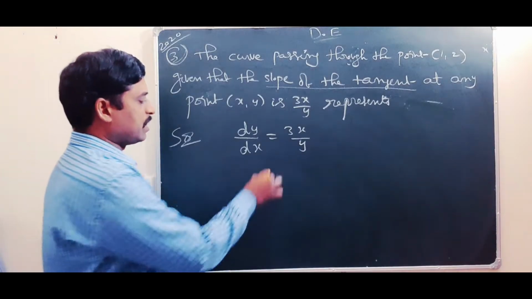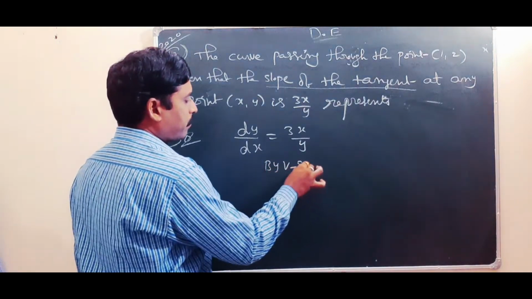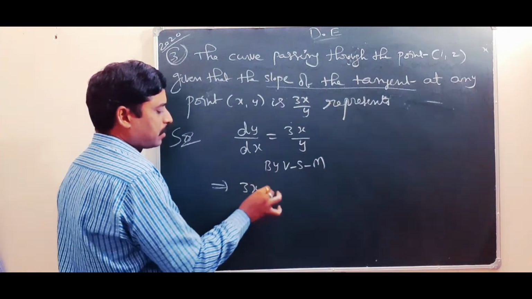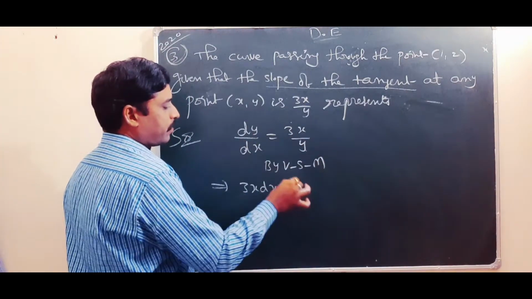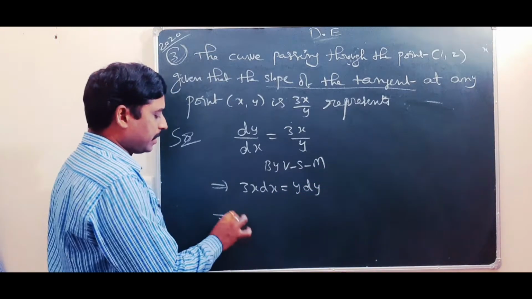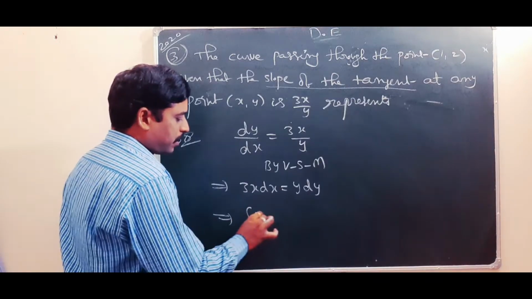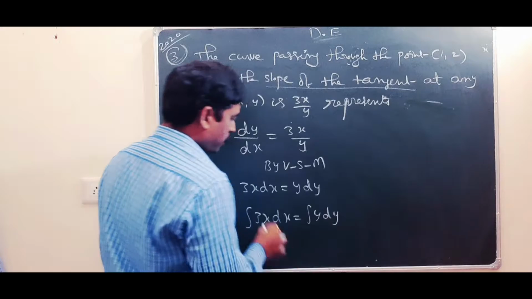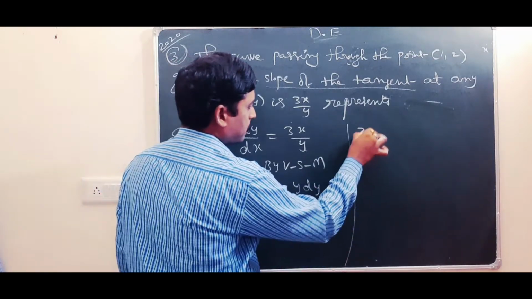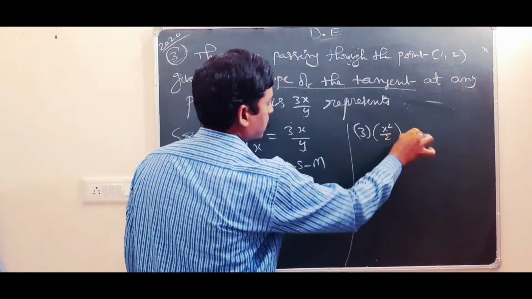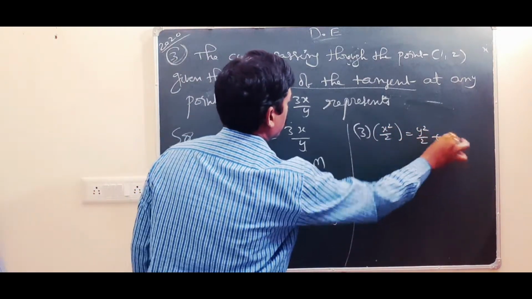By using the variable separable method, cross multiplying, 3x dx equal to y dy. Now taking integration on both sides, integral 3x dx equal to integral y dy. So 3 constant, integral x dx is x square by 2, equal to y square by 2 plus c.